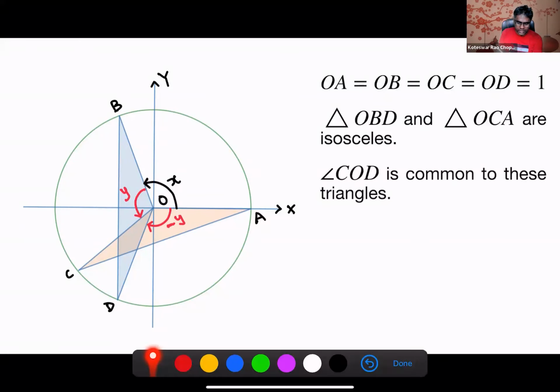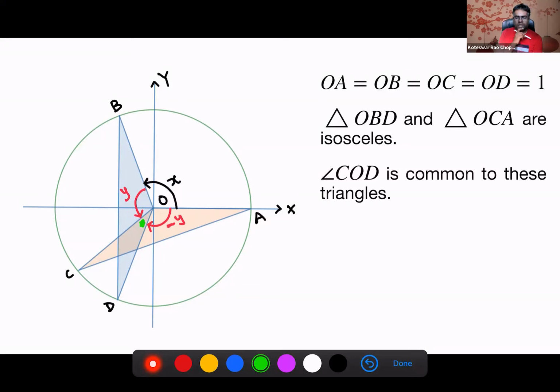Now consider this angle COD, which I'm representing by a green dot. This angle COD is present in both triangles. It is common to both triangle OBD and triangle COA.